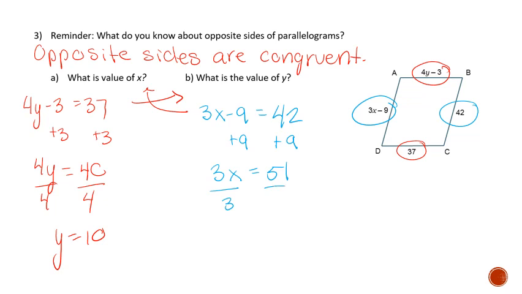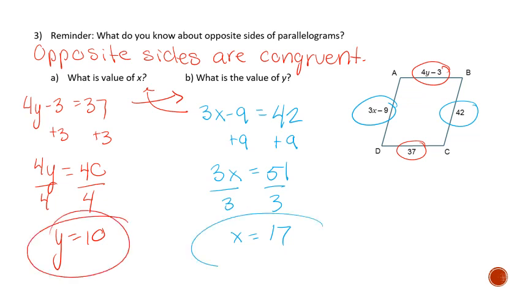When you divide by 3, you should get that x equals 17. So now we have successfully solved for x and y using the properties of parallelograms.